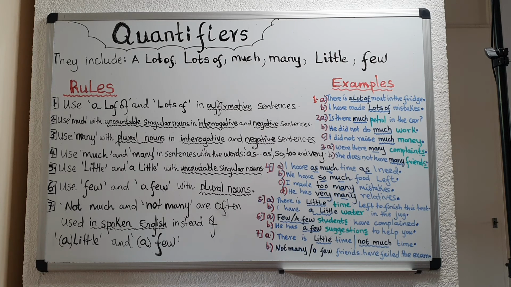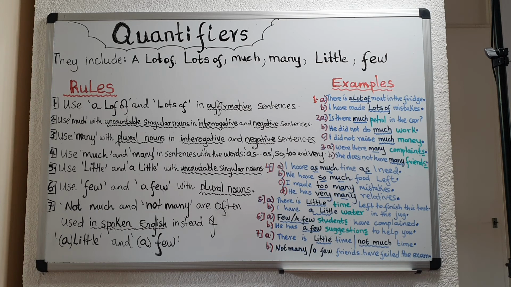One suggestion, that is in the singular form, and then you have many suggestions, and that is in the plural form. He has a few suggestions to help you. Or you can say he has few suggestions to help you. That is also correct.